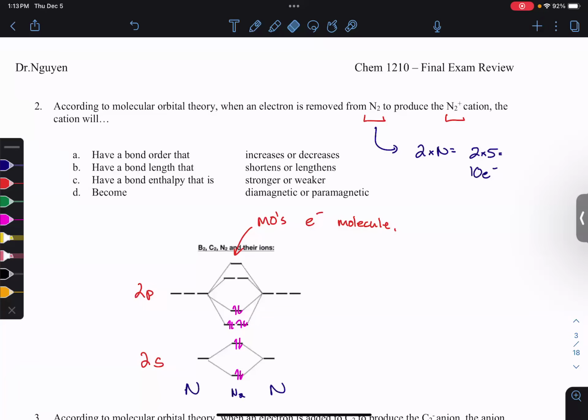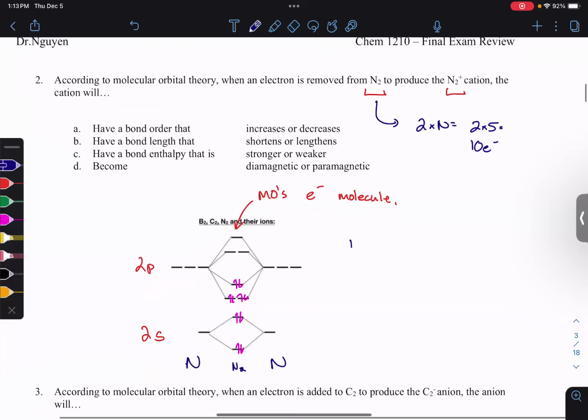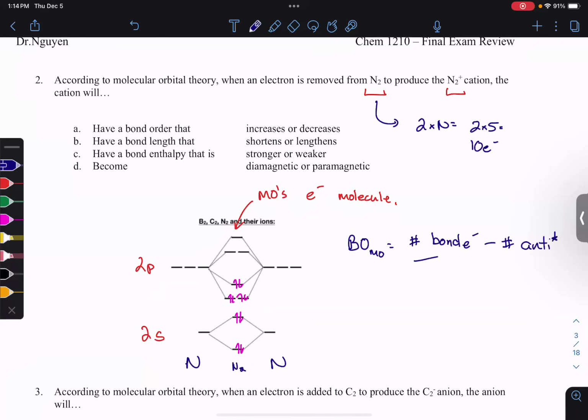So let me just put that electron back, and we have to calculate bond order, right? So to calculate bond order using MO theory, we want to count the number of bonding electrons, subtract the number of anti-bonding electrons, divide by 2, right? So that means we have to, again, memorize the ordering of those molecular orbitals. It goes sigma, let's pick a different color, let's do green.